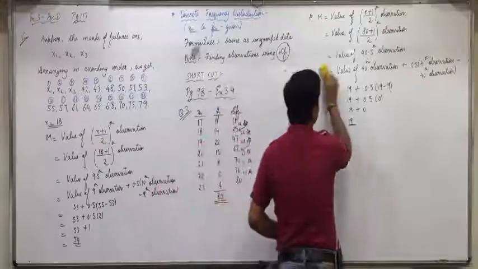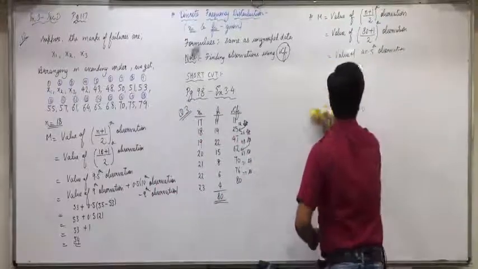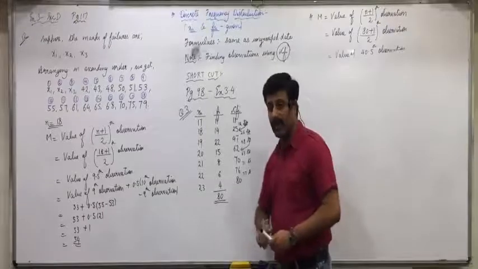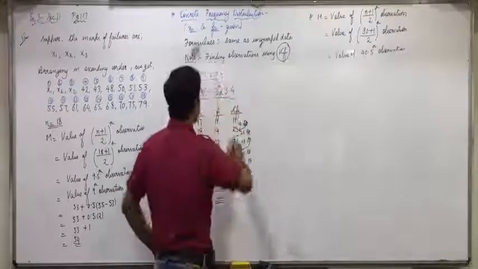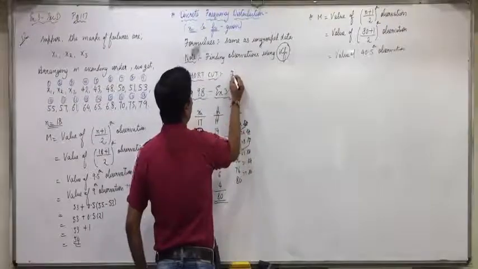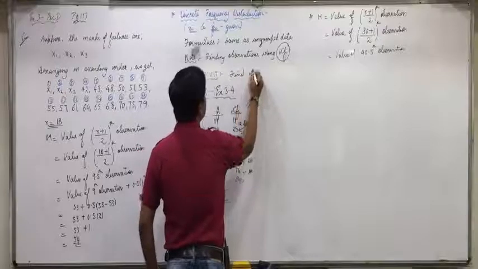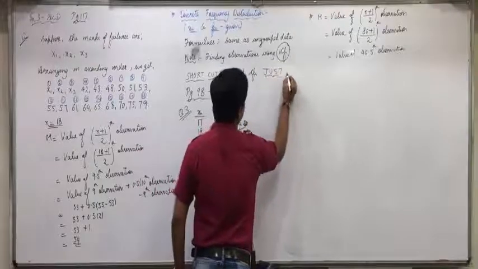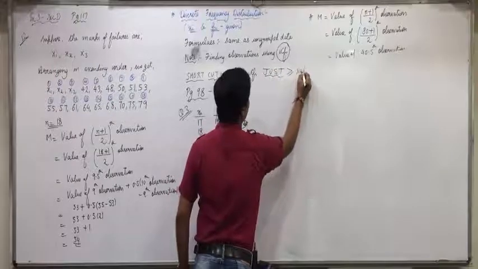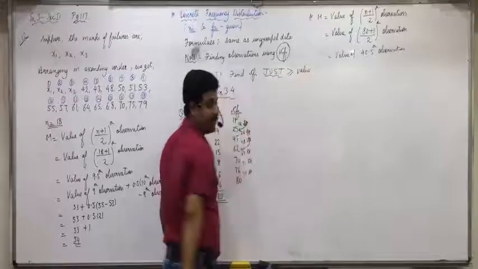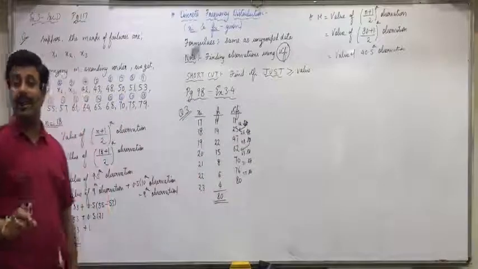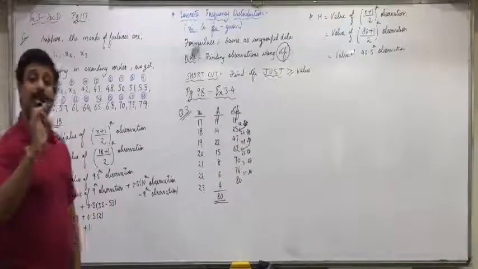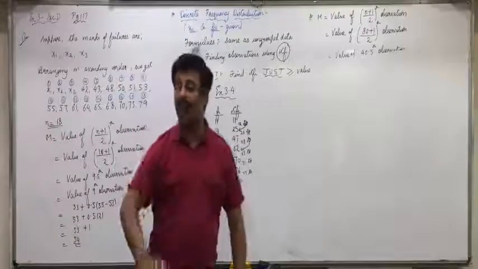Now, shortcut method. What we will be doing is, be attentive. We will be finding the CFI just greater than or equal to the value we obtained.